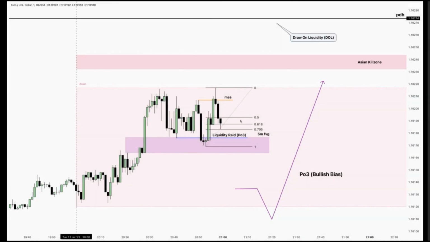We've also got price going into an OTE, which is between 61.8 and 70.5%. That's an optimal trade entry. That's when you want to be trading, because it's an area of value. So just remember, don't chase price when you're looking for buys. You want to trade at the pullback, okay?